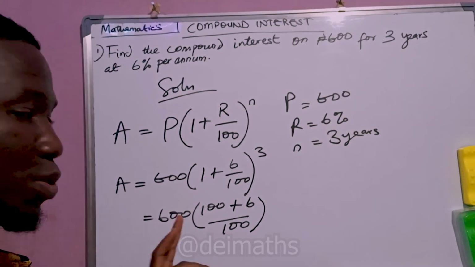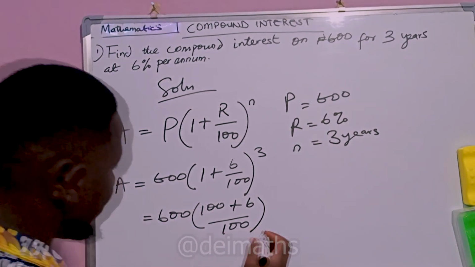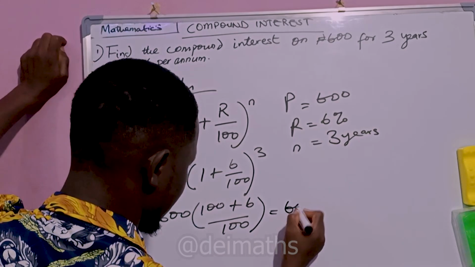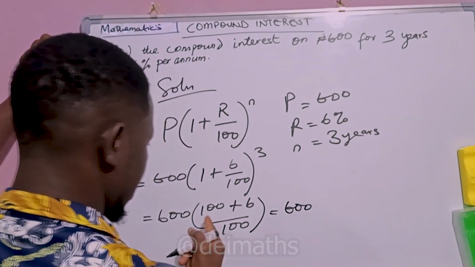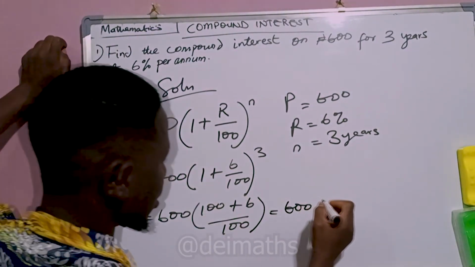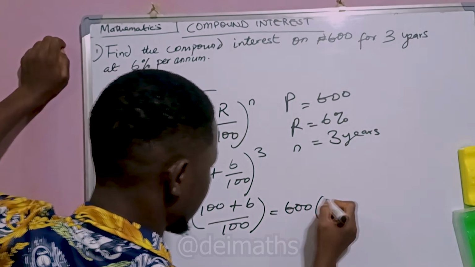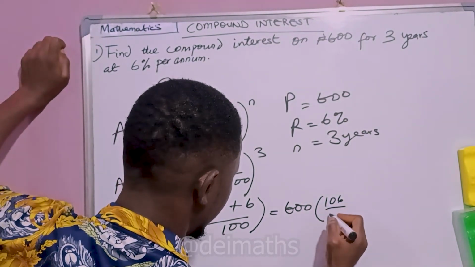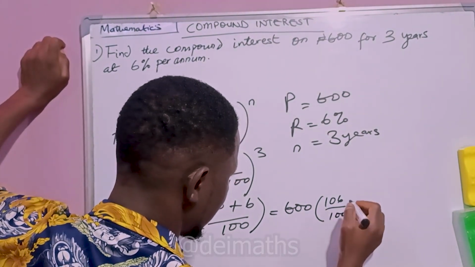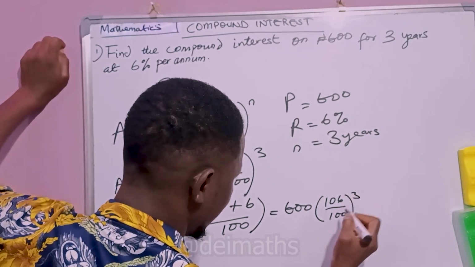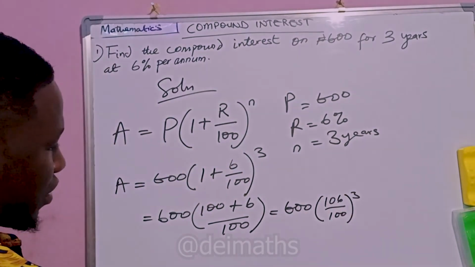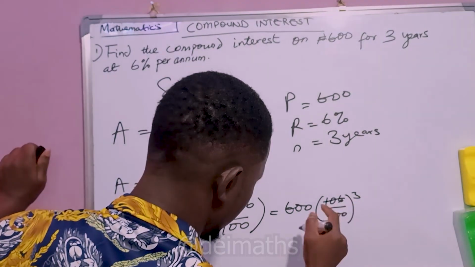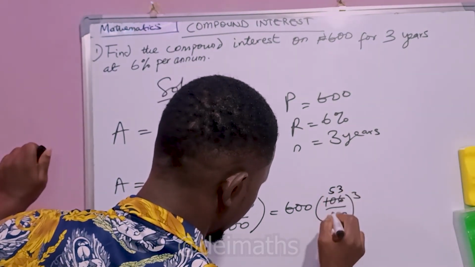Now, at this stage, what do we do? Equal to, we bring our 600, then we add this bracket 106 all over 100 raised to the power 3. I think there is a number that will go between these two. 2 will go. 2 will give us 53 here.